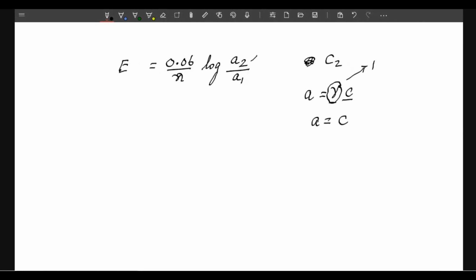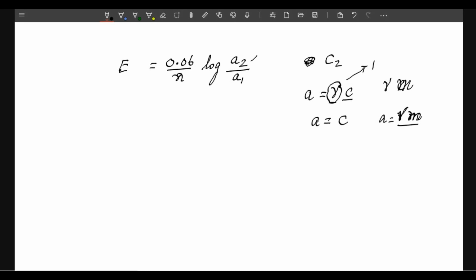For some other problems, they will give you the activity coefficient as well as the molality. Activity is equal to activity coefficient into molality. If both are given, you multiply them and put the value.